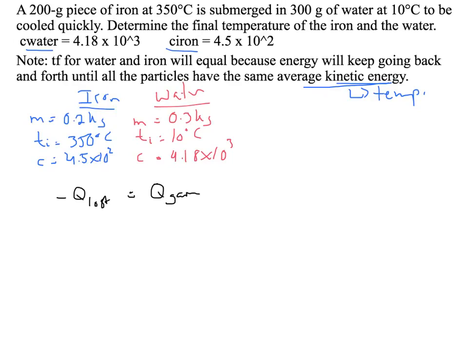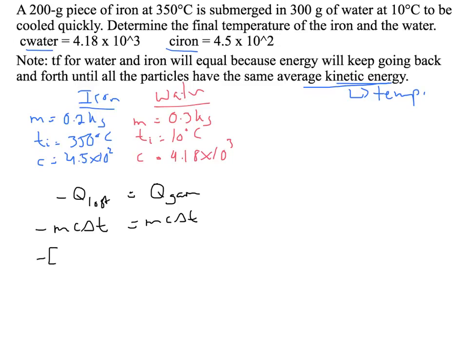So iron is going to lose energy. It has a higher temperature. Some of that heat is going to move from the iron to the water. So that's why we put a negative in front of the iron, and that's why we put it lost. Now on the left side we have MC delta T, because Q equals MC delta T. On the right side we have MC delta T. On the left side, remember that's negative, so let's put a negative out here.